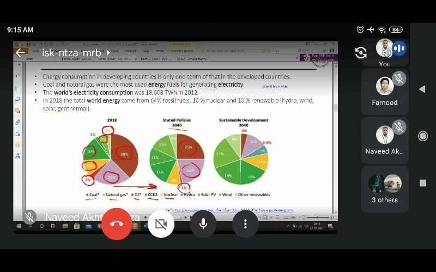These are all non-renewable energy sources, because the resources are limited and we are continuously using them, and that is the cause of their depletion.